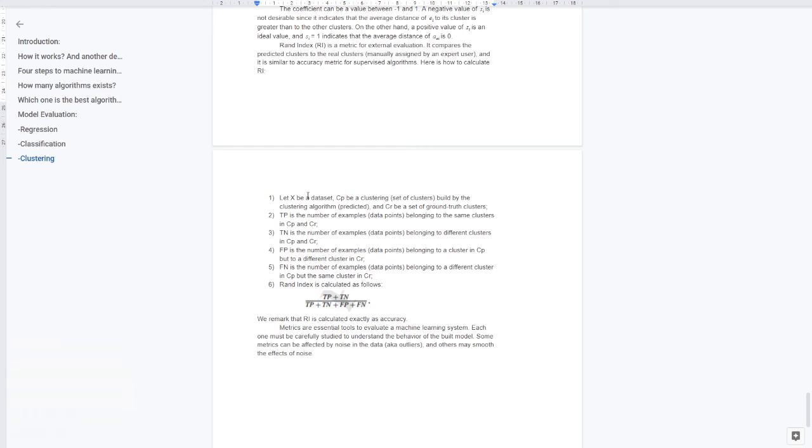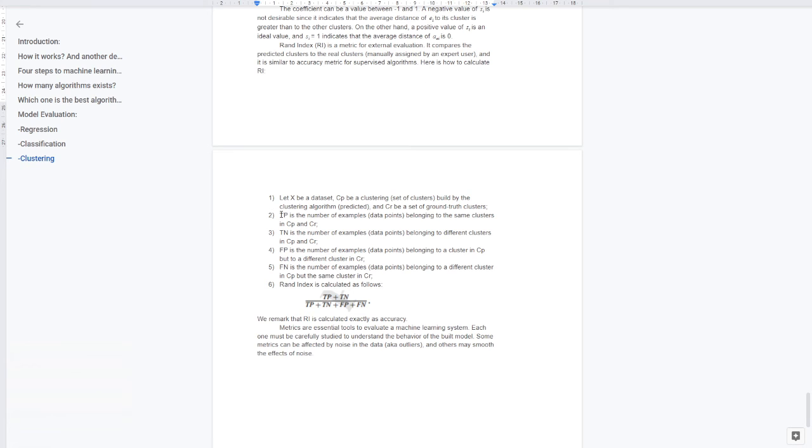Let X be a dataset. CP, clustering predicted, be a set of clusters built by the clustering algorithm, the machine predicted, and CR, clustering real, be a set of ground truth clusters, manually assigned by an expert user.